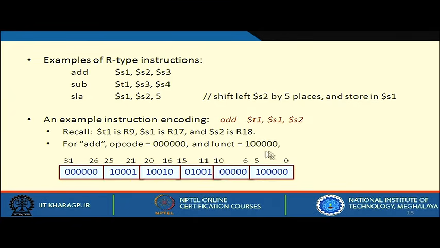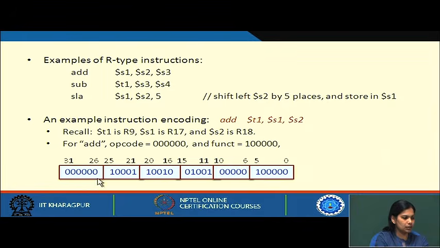So, in this encoding, here goes your opcode, that is 000000, and the function goes here, that is 100000. The first register is T1, which is R9, the destination register, so 01001. Similarly, S1 and S2 are the 2 source registers. S1 is R17, this is 10001, and this is R18, which is 10010.